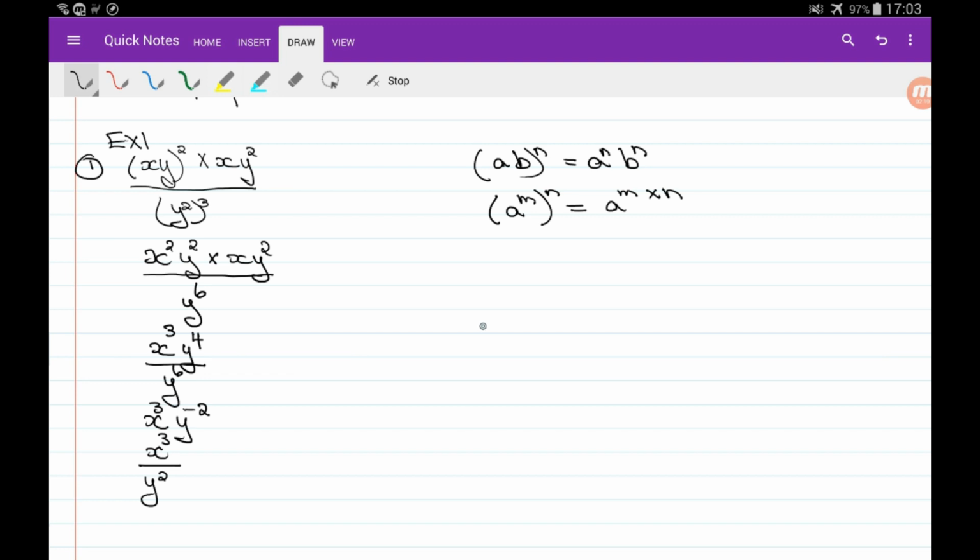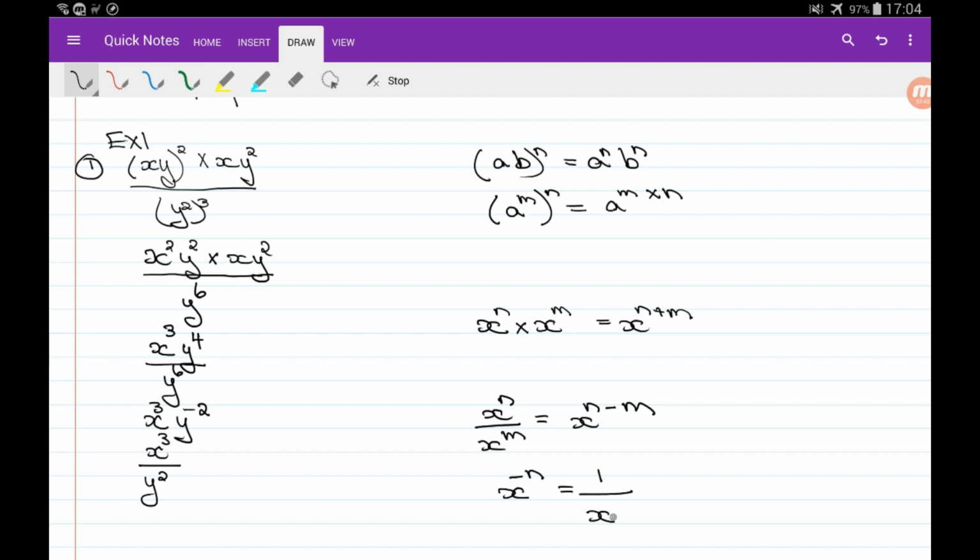Then the rule that we've used here is where you are multiplying like bases, you add your exponents. And here we use the rule that says when you divide like bases, you subtract your exponents. Also, remember x to the power of a negative exponent is 1 over x to the power of a positive exponent.